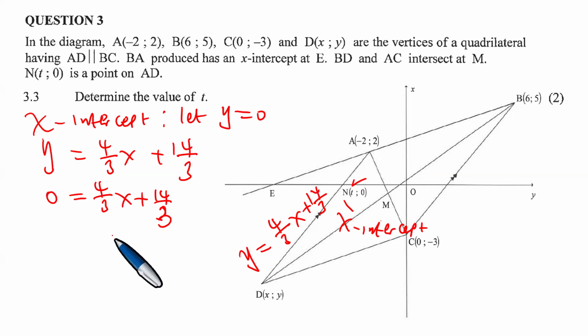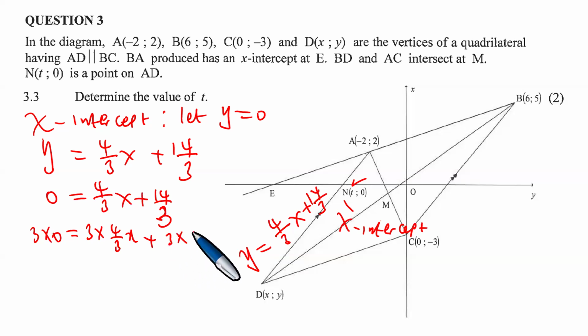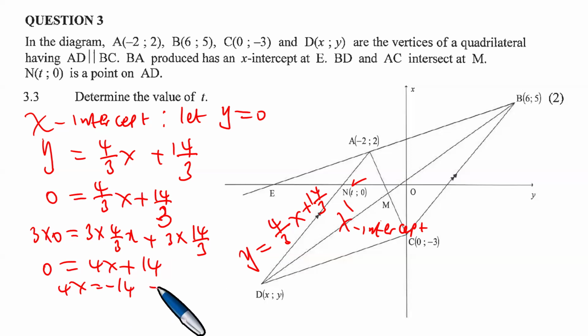If you multiply through by 3, you take 3 times 0 equals 3 times 4/3 x plus 3 times 14/3. So 0 equals 4x plus 14, meaning 4x equals minus 14.